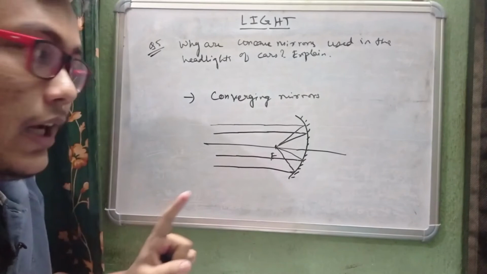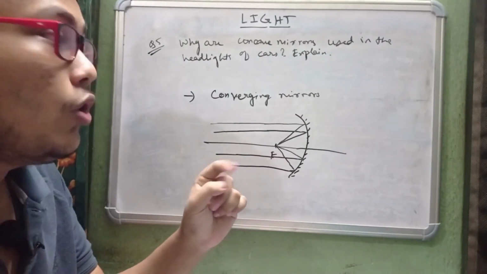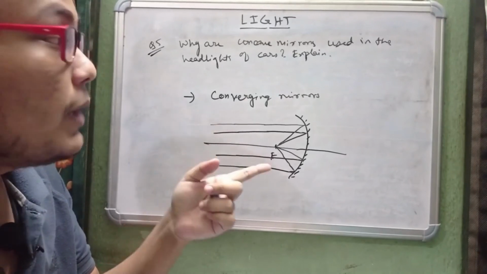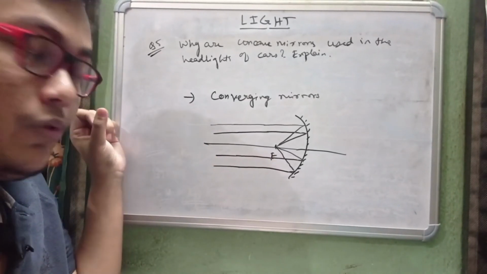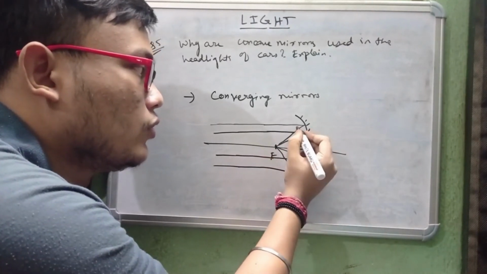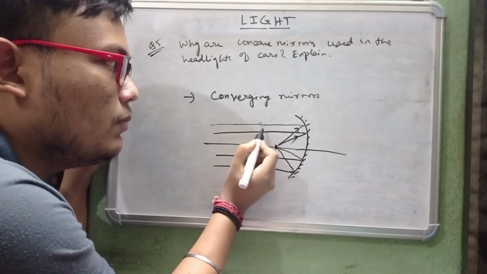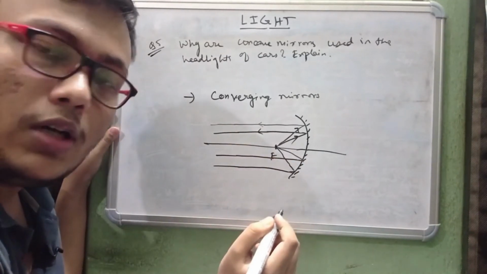The rays of light which are passing through focus, after reflection from the concave mirror, will pass parallel to the principal axis. This is also we know, right? So if I place the light source at F, after reflection from the concave mirror these rays will pass parallel to the principal axis.